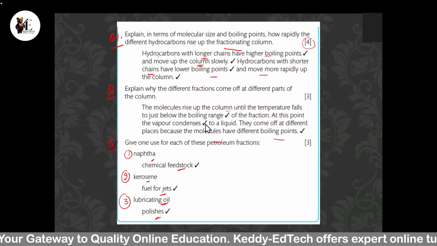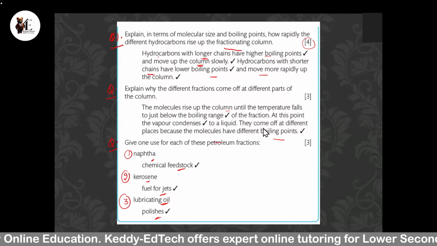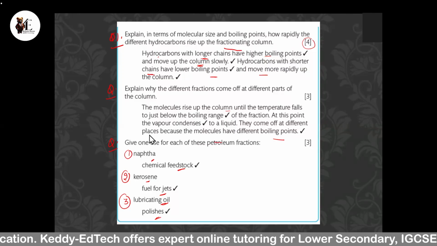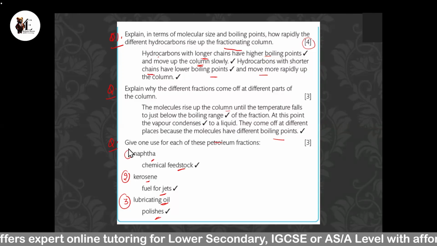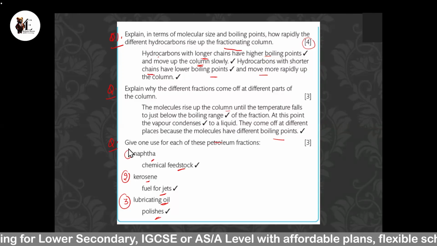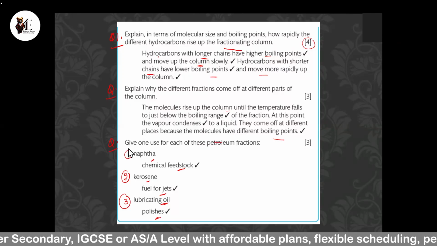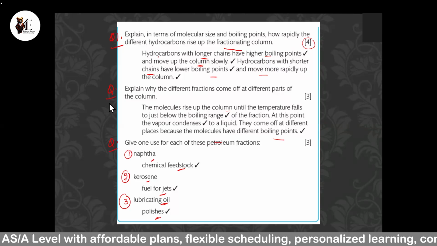So that's why they come off at different places. Because one fraction has a lower boiling point, it comes fast. Another fraction has a higher boiling point, it comes a little bit later. So they have different boiling points. That's the principle of fractional distillation we are discussing.